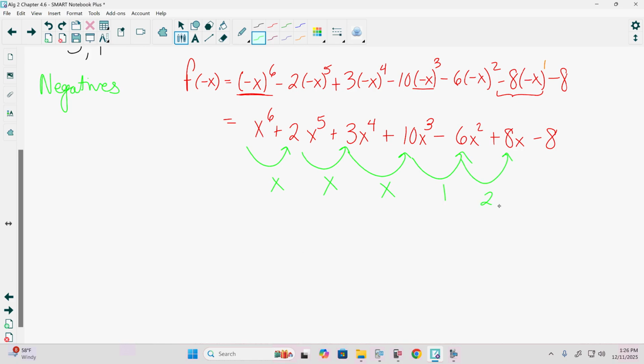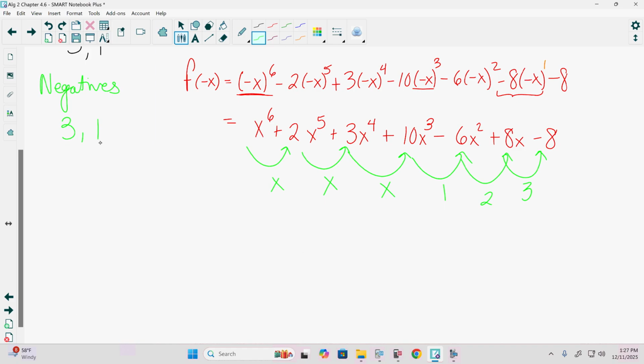X squared to x is 2, and x to our constant term is 3. So the most possible negative zeros we can have is 3, or an even number less than it.